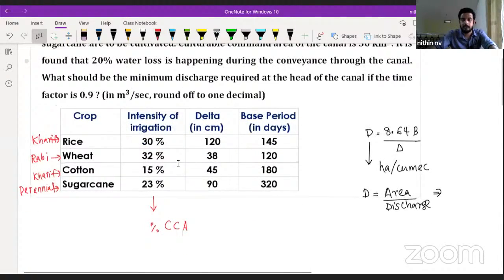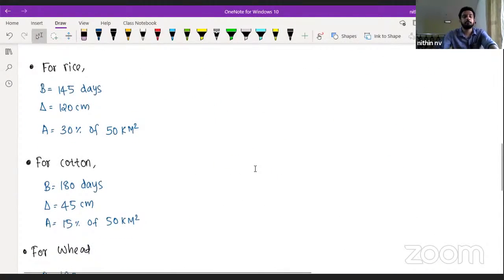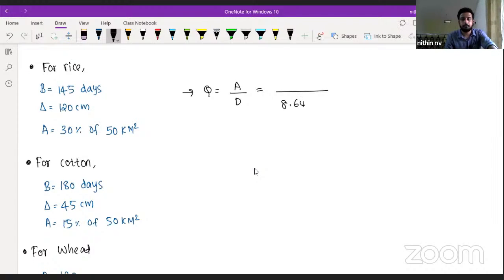For rice, I have just written all the data here. From here, we can directly calculate the discharge required for rice, which is nothing but area by duty. Now see guys, duty value, if you are substituting 8.6 for 145 days, I told you delta should be in meters. So 1.2, in which unit are you going to get? We are going to get hectare cubic.